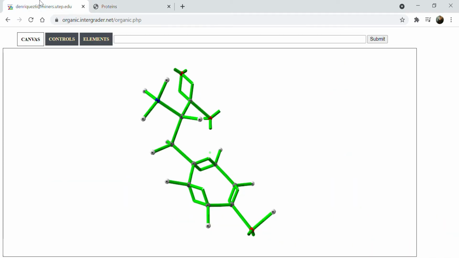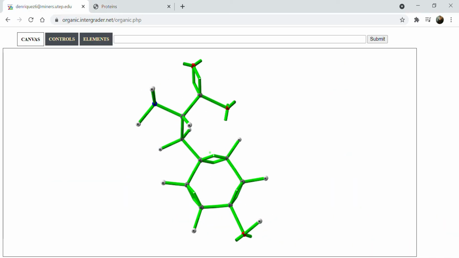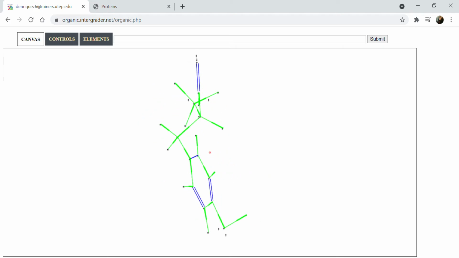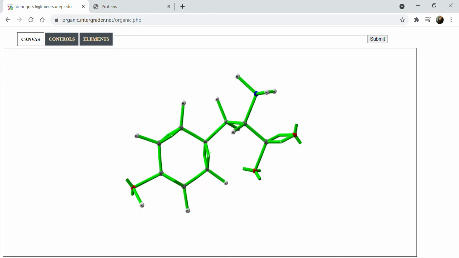So let's go back to it, and I've got it printed out, so I'll just double check that we have the right one. So we've got our phenyl group, and then 2 carbons with a nitrogen, another carbon, and yeah, it looks like that's the right one.